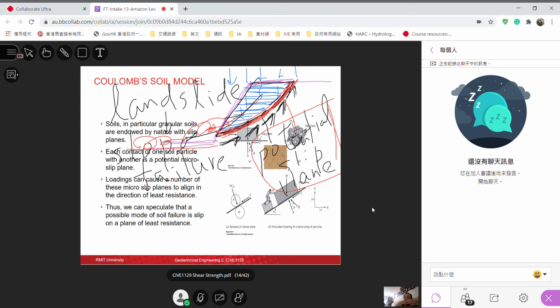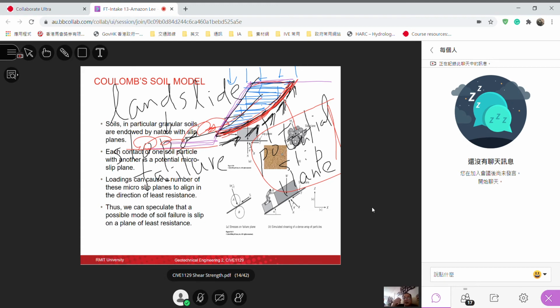So the only thing is trial and error: we test the potential of this failure. Will it develop or will it not develop? We don't know, so we have to try to find it out. And where is this failure plane? We don't know. Again, we have to try until we find the most critical one.